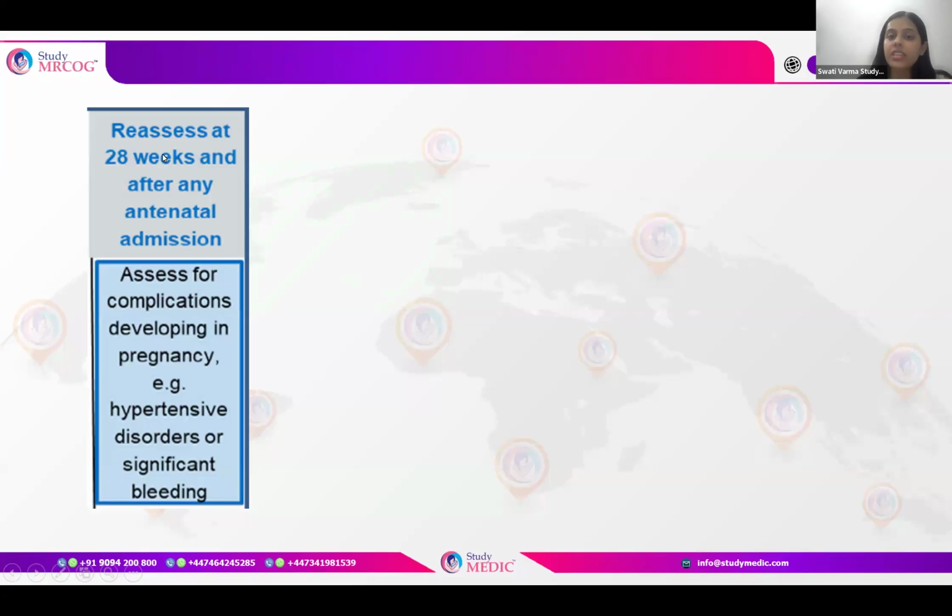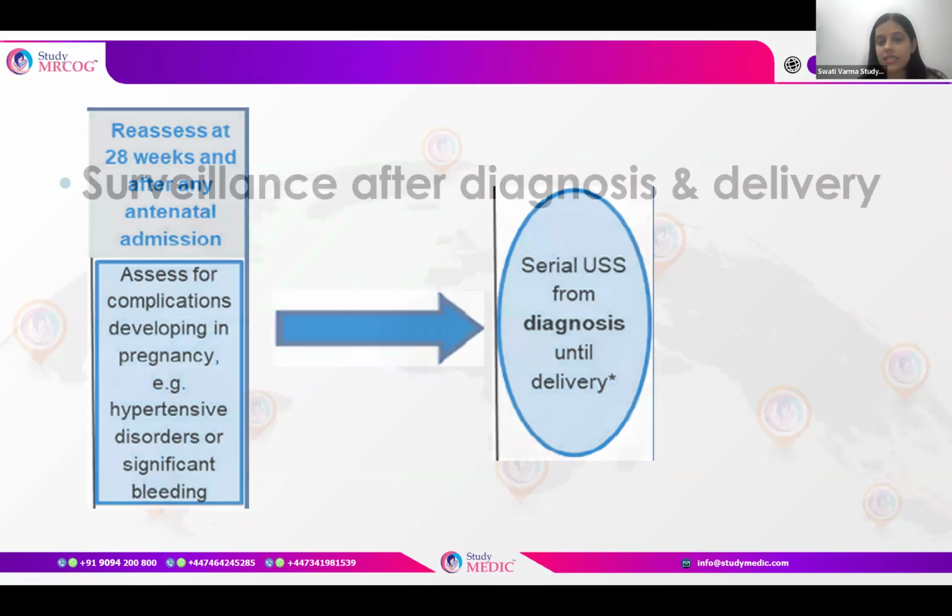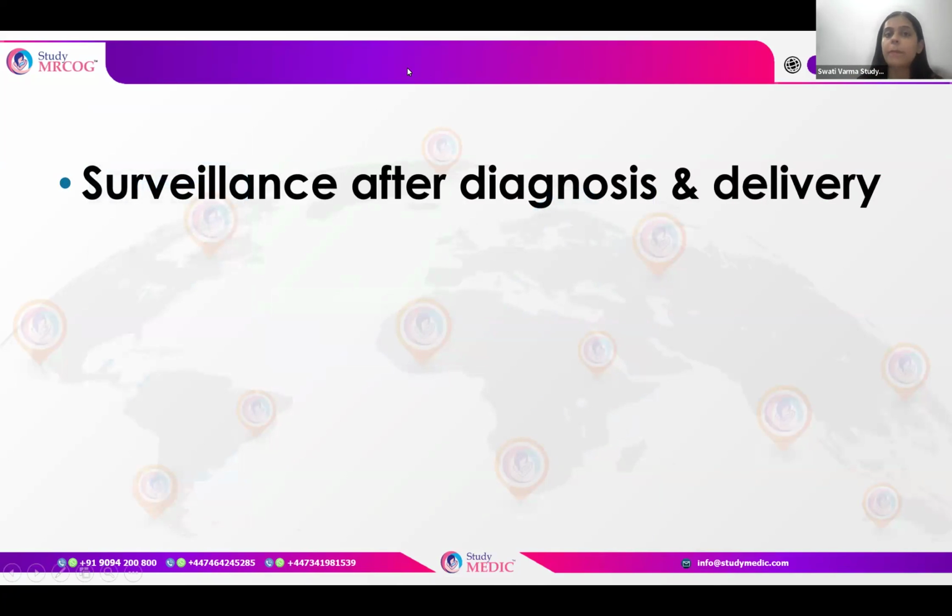Again, at routine, even if not admitted because of anything, you have to reassess at 28 weeks. Assess for any complications like hypertensive disorder or significant bleeding. And then according to this, you have to offer her serial ultrasound if required until delivery. So this signifies that you have to keep on assessing her throughout the pregnancy for development of any new risk factors.